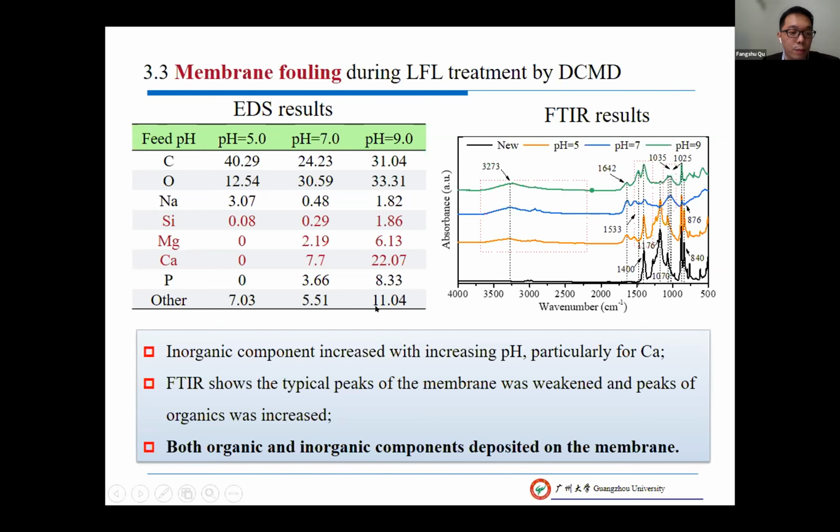From the EDS results, we can find the signals of the inorganic elements increase with increasing pH. From the FTIR results, we find that the typical peaks of the membrane were weakened, but the peaks of organics were increased. From this result, we can conclude that both organic and inorganic components have already deposited on the membrane.